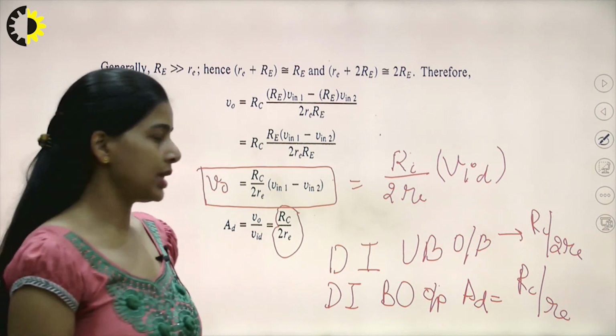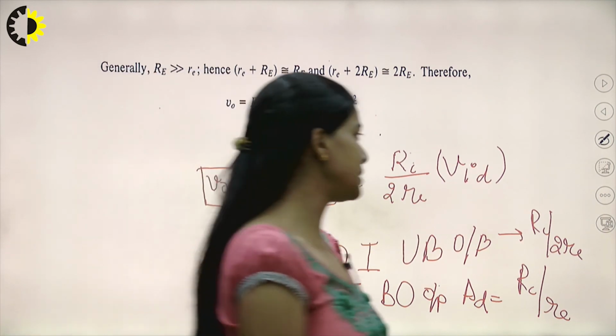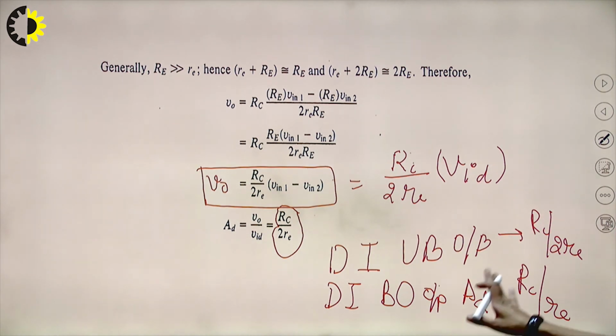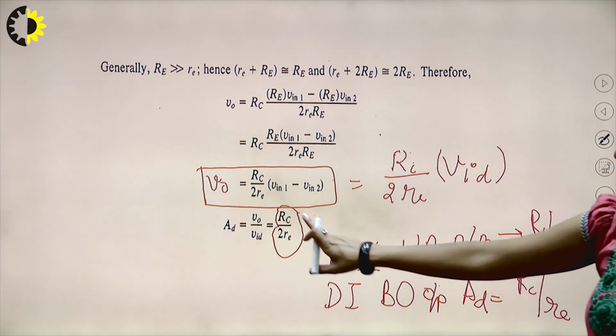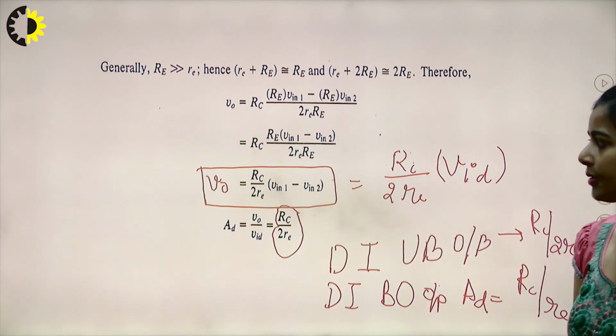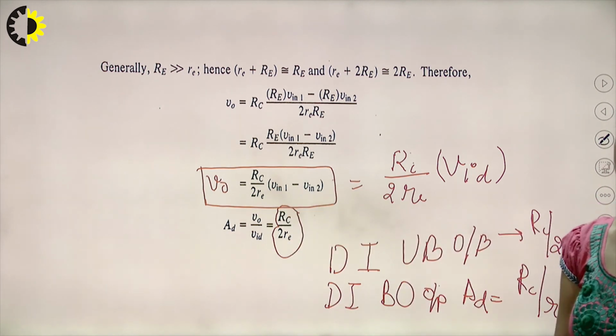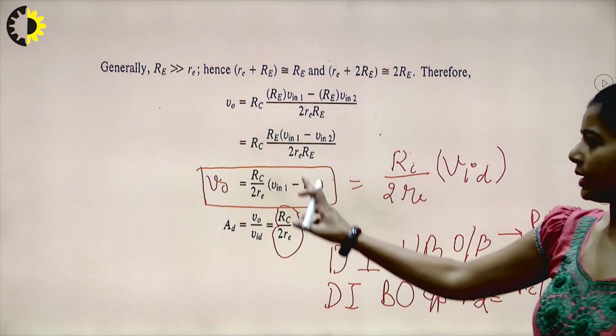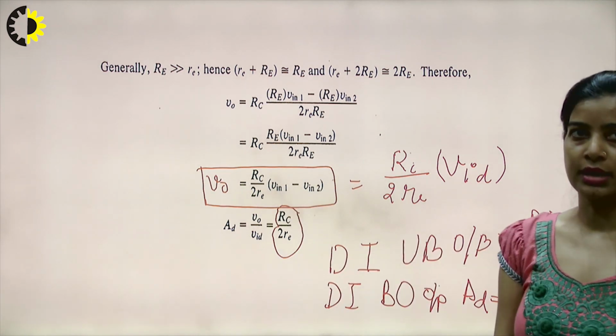So we can say that for the unbalanced output configuration the gain is half of that of the balanced configuration. Similarly, the output that we are getting here is RC upon 2RE, whereas with the balanced configuration we got RC upon RE.